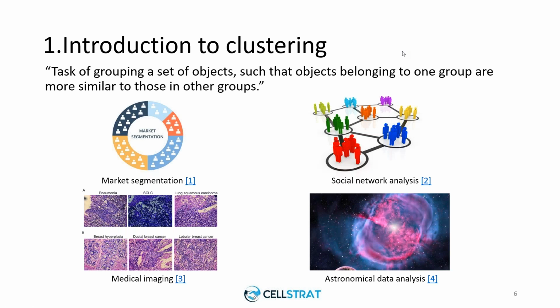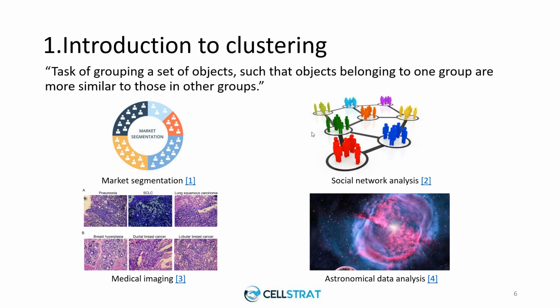Since today's class is on clustering, if I have to define clustering, I would say clustering can be defined as the task of grouping a set of objects so that the objects belonging to one group are more similar to each other than to those in other groups.